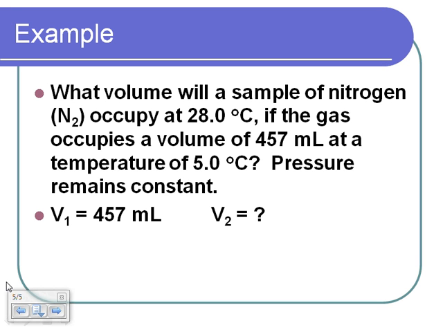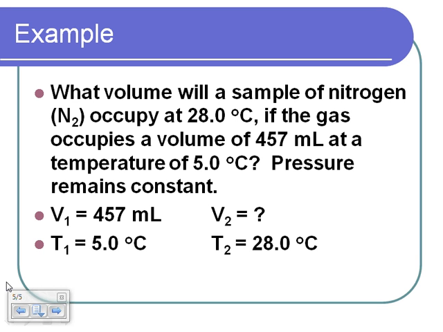So the first thing we want to do is check what's our initial volume, what's our final volume, and our initial temperature and final temperature. The whole key is to keep them together. Whatever we have for our volume, we need that temperature to match up with it.